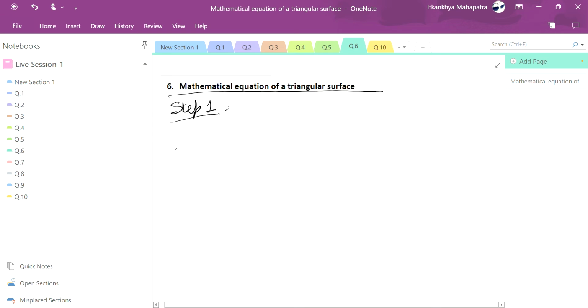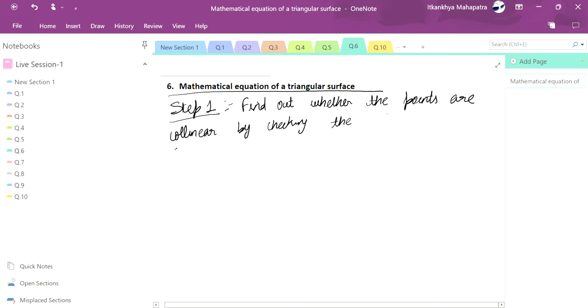Step 1 is find out whether the points are collinear by checking the determinant. If determinant is not equal to 0, points are not collinear.